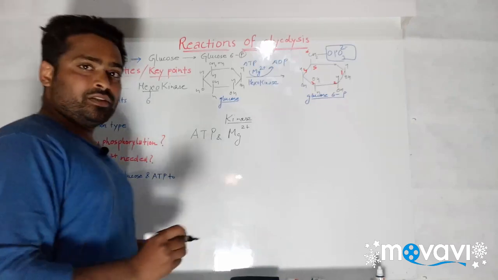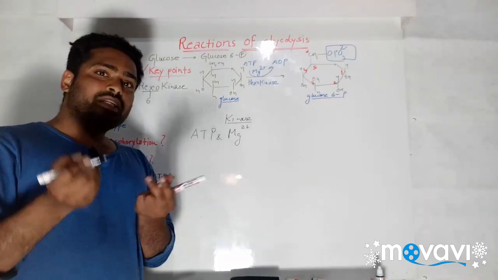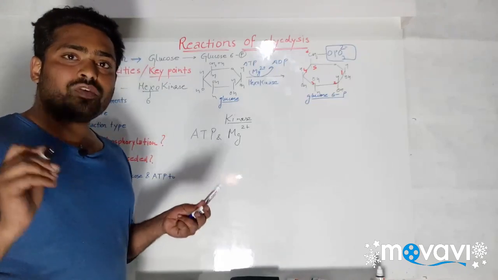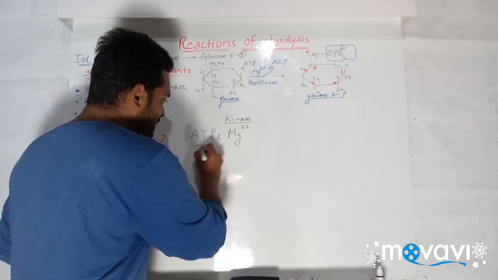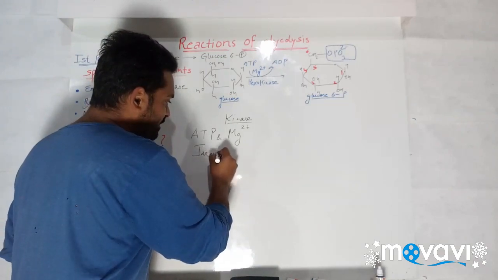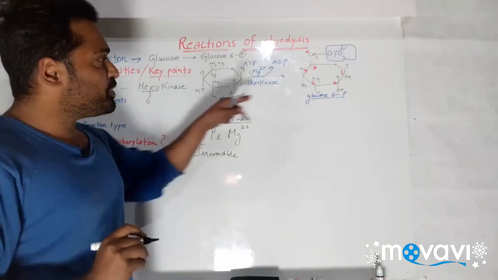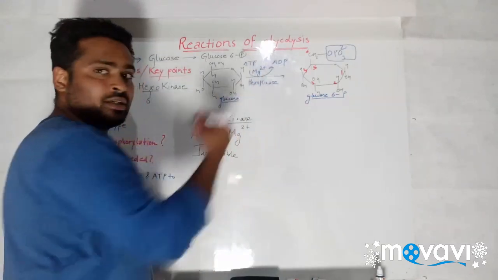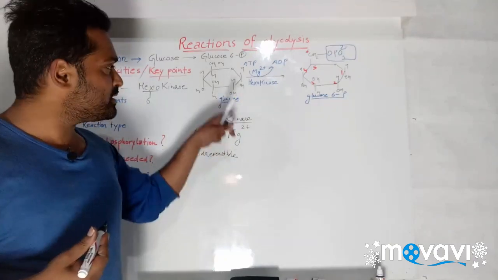And the nature of the reaction. What kind of reaction is this? This is an irreversible reaction. Once the product is formed, it will not go back to form the same molecule, that is glucose.